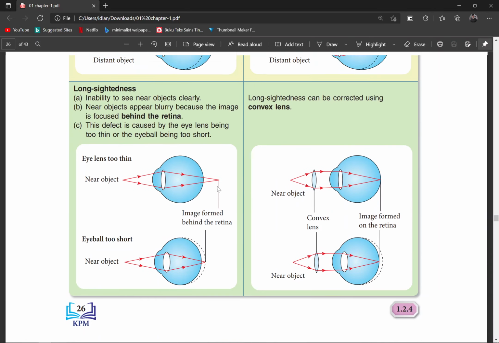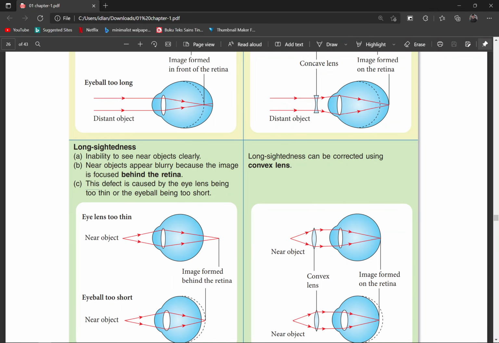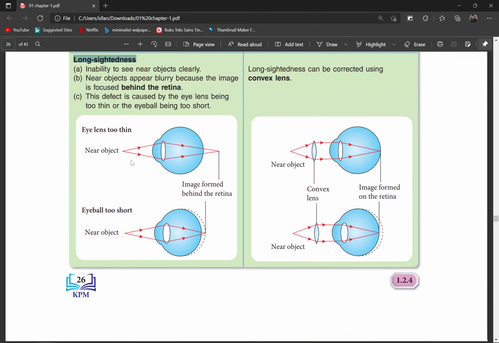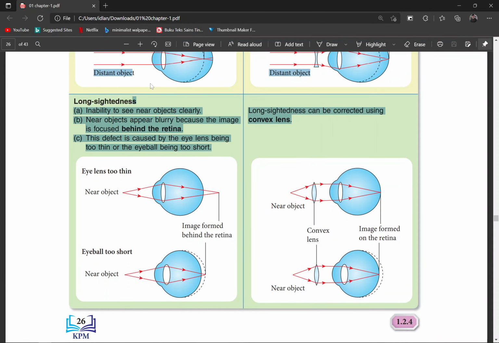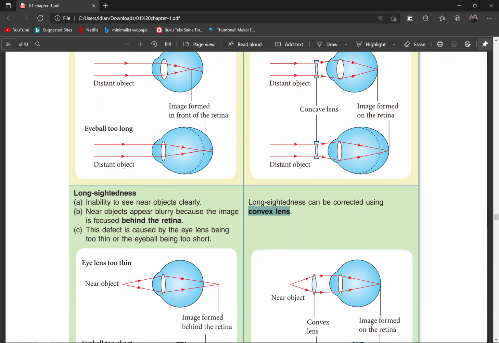Okay, you find my cursor? How it is corrected. How do we correct long-sightedness problem or defects of sight on long-sightedness? It can be corrected using convex lens. Bila pakai convex lens ni, dia bentuk dia macam apa ya? Macam bulat sikit lah bentuk dia, macam diamond sikit lah, tajam. Yang ni concave.